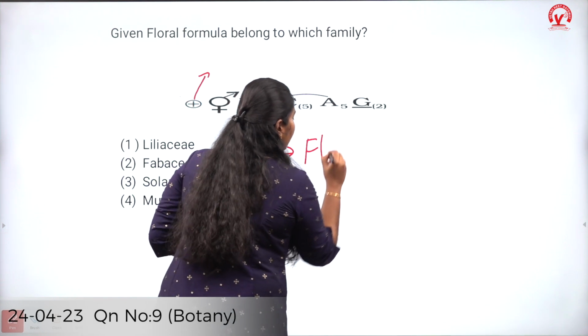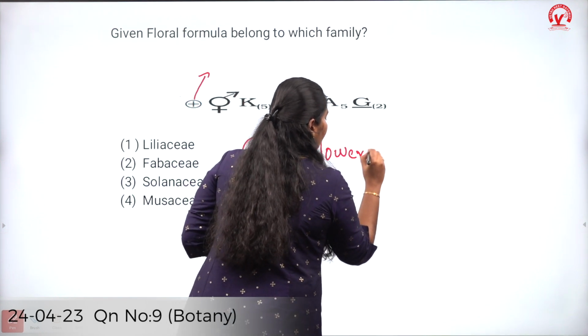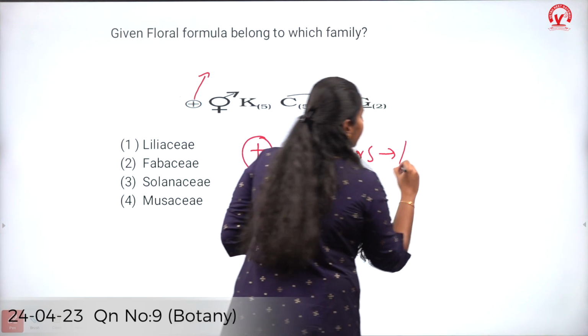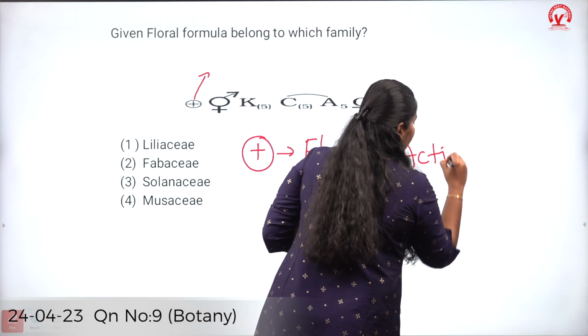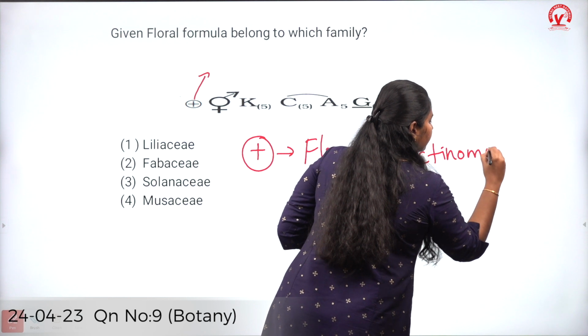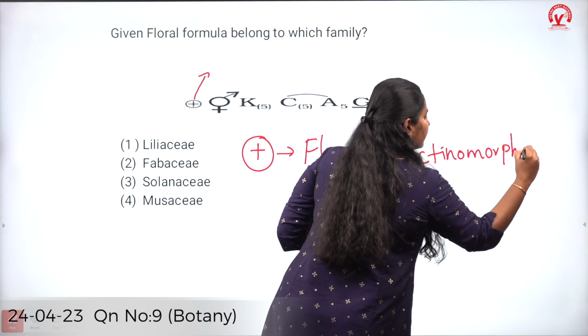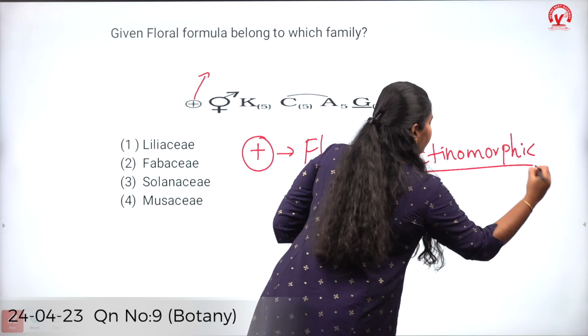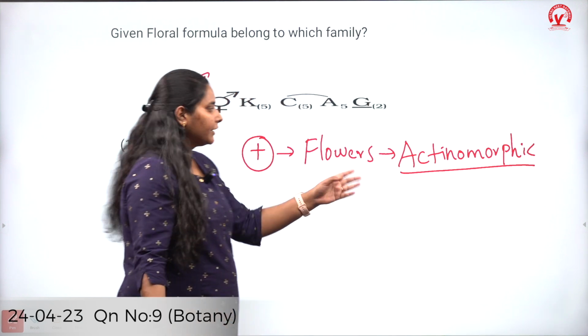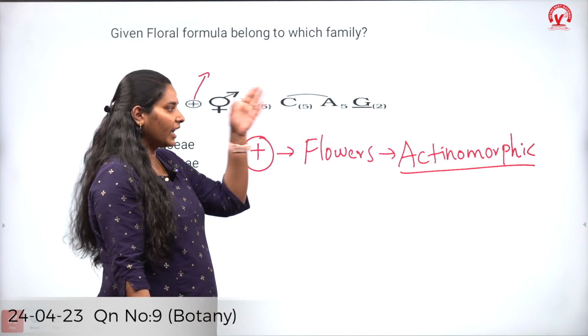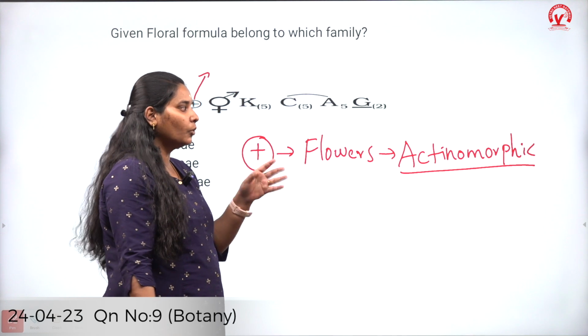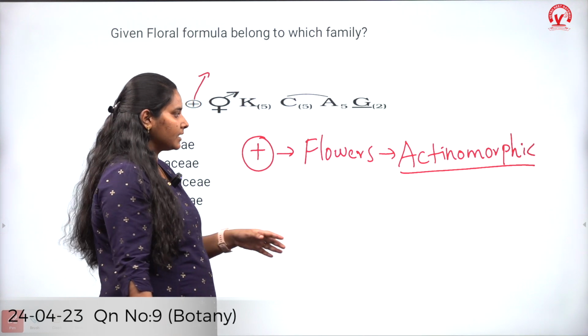This symbol represents that the flowers are actinomorphic. Actinomorphic usually means they can be divided into two equal halves at any plane, being radially symmetrical.